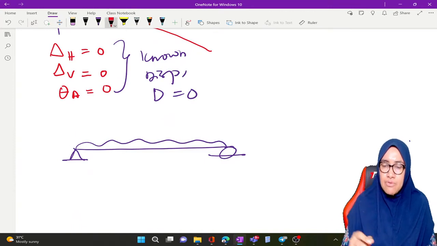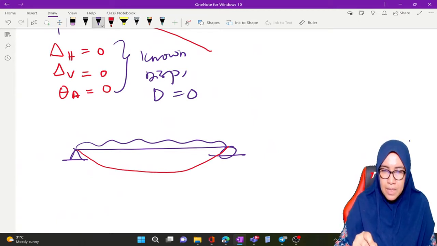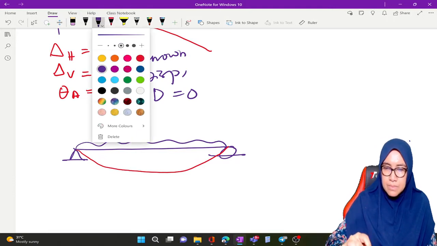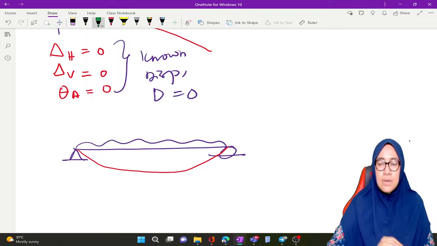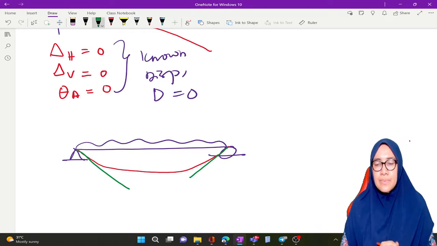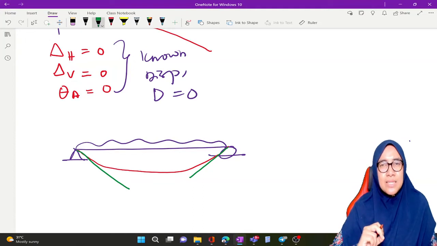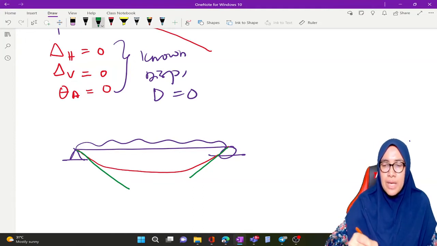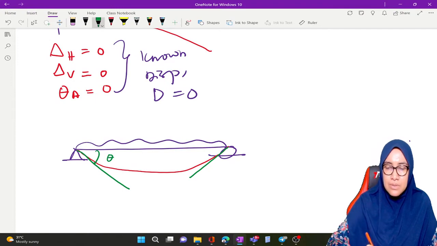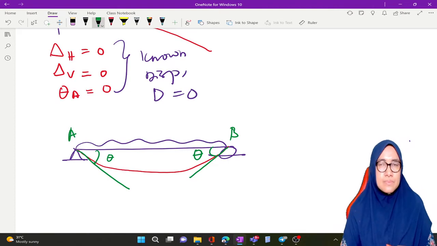We normally draw like this. We have a tangent here, and the tangent represents the slope, so this is theta. Let's say this is A and this is B, so this is also theta, slope.